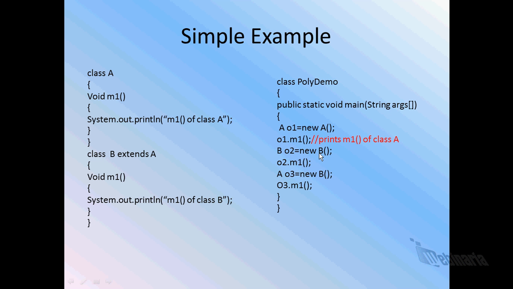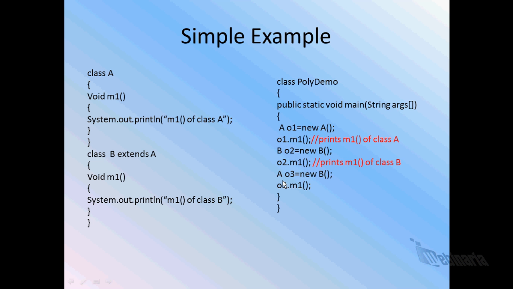B type, because we are creating the object of class B. Hence, LHS and RHS are both the same, and this m1 method executed by o2 is of class B. So the output you are going to get is m1 of class B, because o2 is of class B type and the object assigned to o2 is also of class B type.